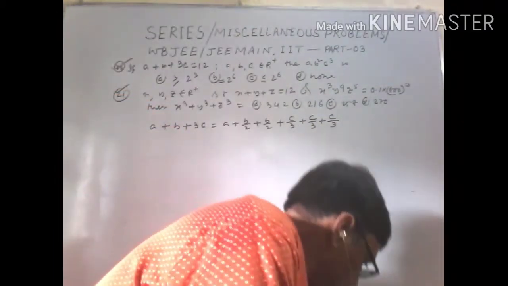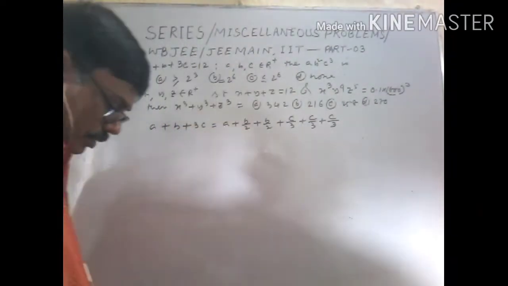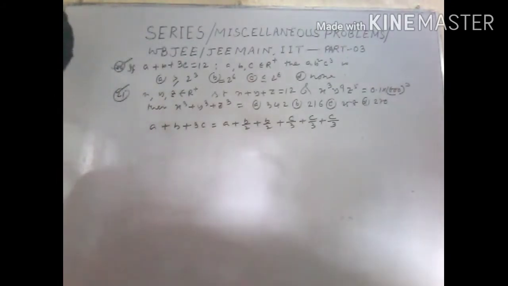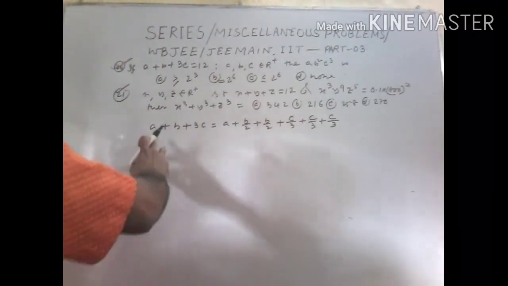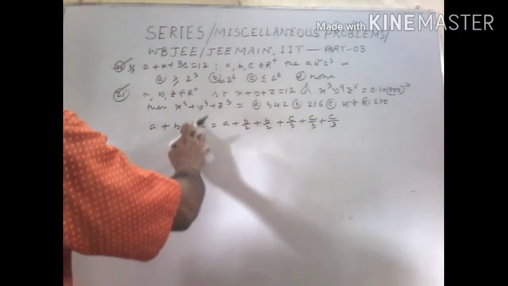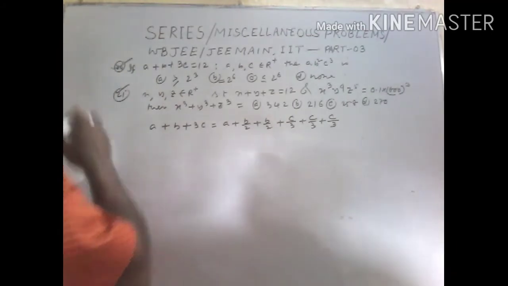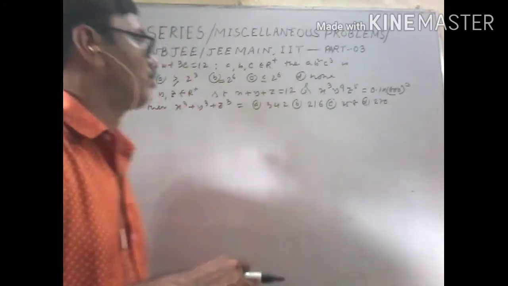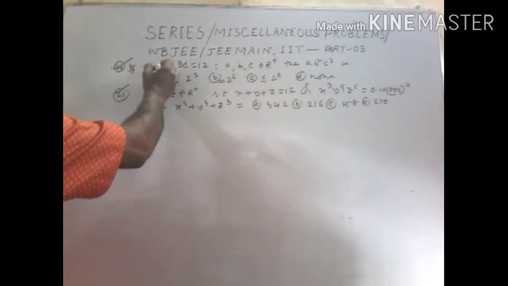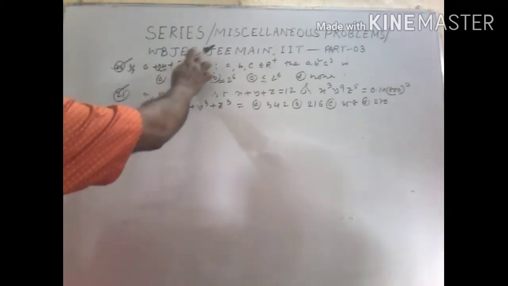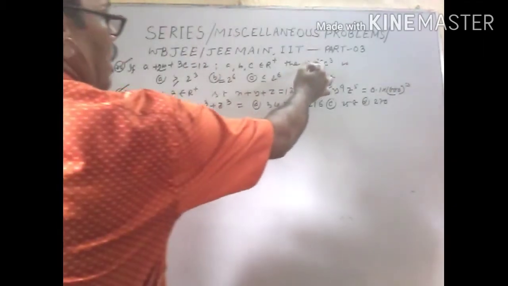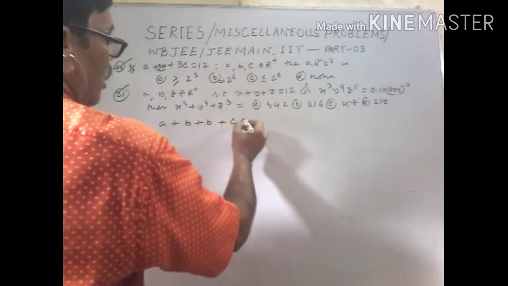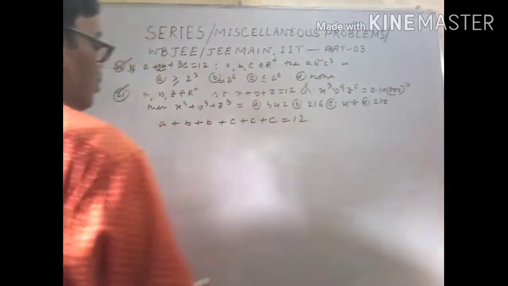So make some modification. In problem number 20, this is a plus 2b plus 3c equals 12. So for a b square c cube, a, 2b can be written as, and 3c, this equals 12.